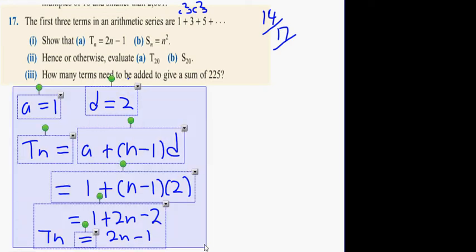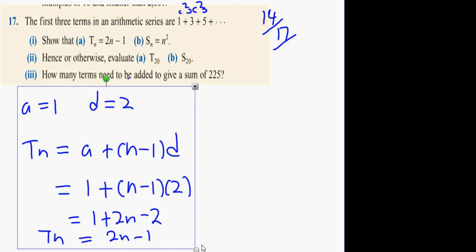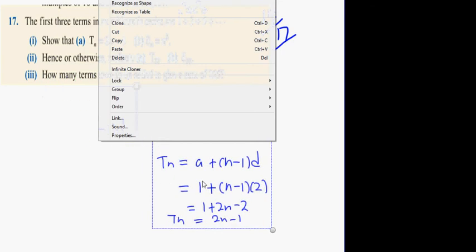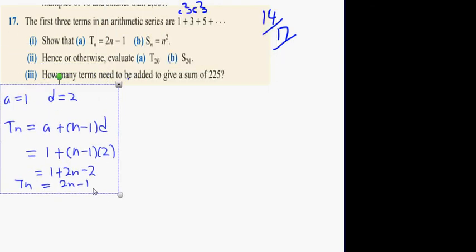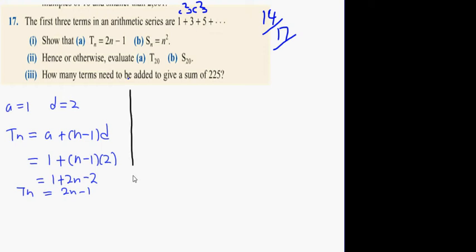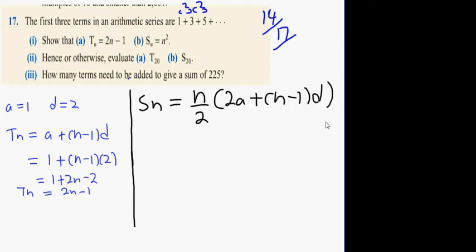So now that we know what Tn is, we're going to next find out what Sn is. Sn is going to be equal to n over 2 into 2a plus n minus 1 times d, close bracket.